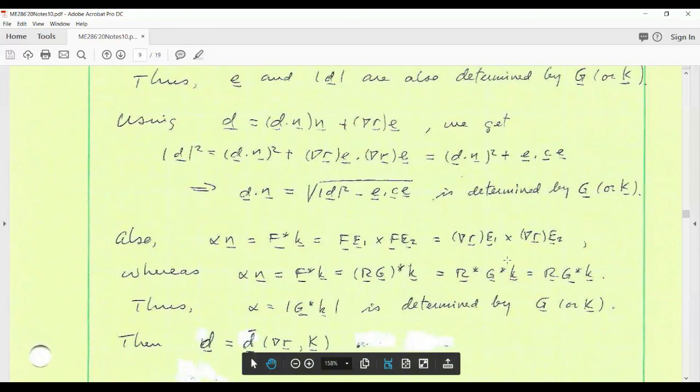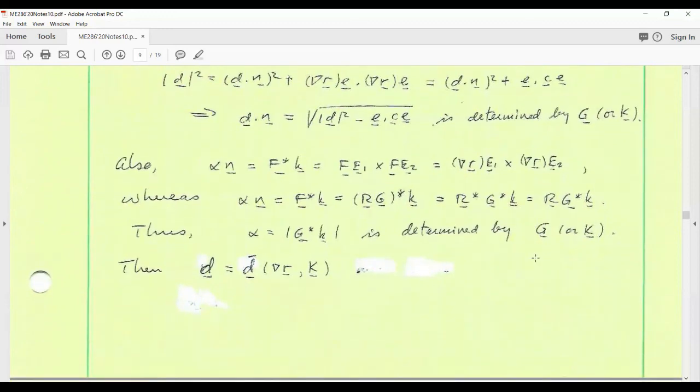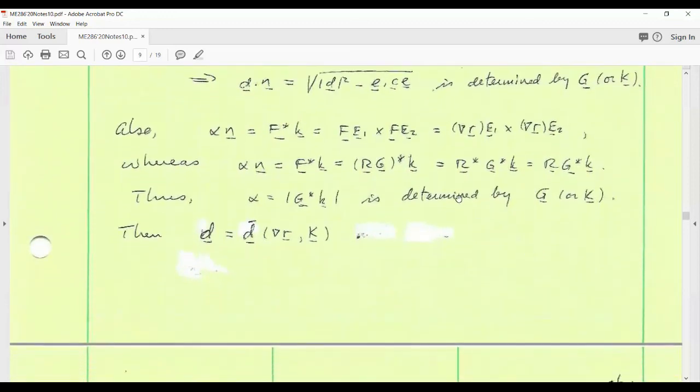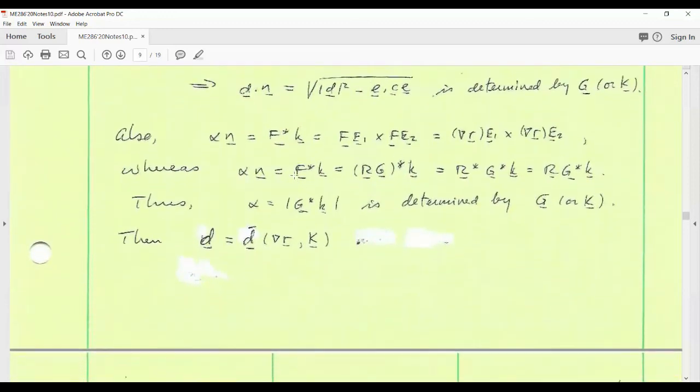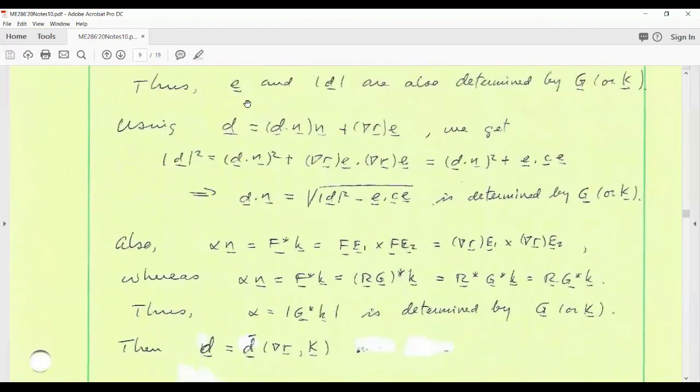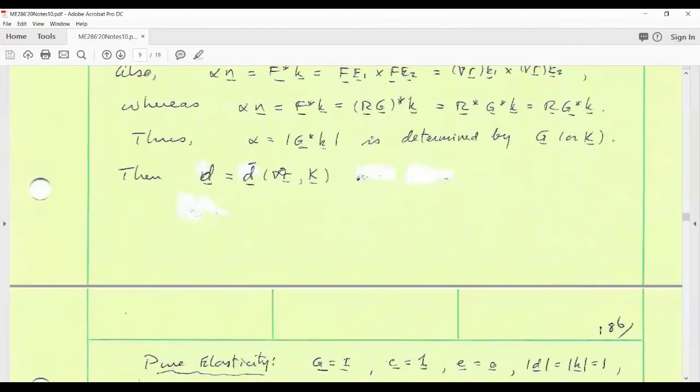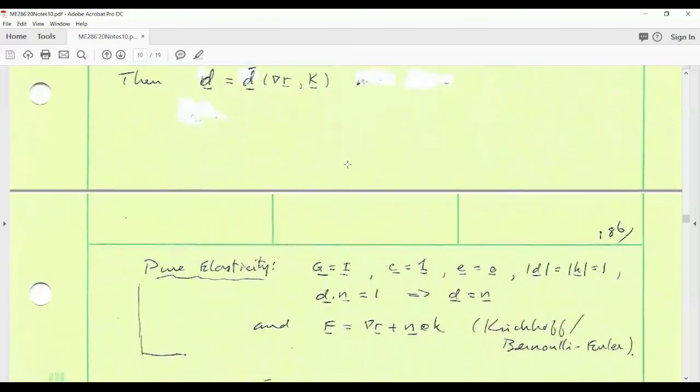N is determined by the plastic deformation then, and by grad R. So ultimately, put everything together in this formula for D. D is actually a function of the shape of the deformed midplane. In other words, it's a function of grad R, the two-dimensional gradient of the three-dimensional R, and the plastic deformation. Some function that we can figure out. We just figured it out, essentially.